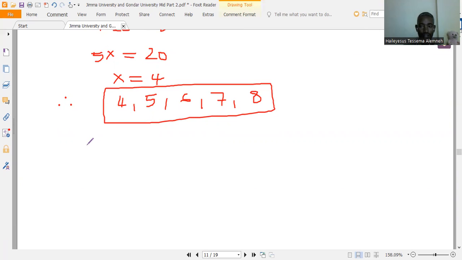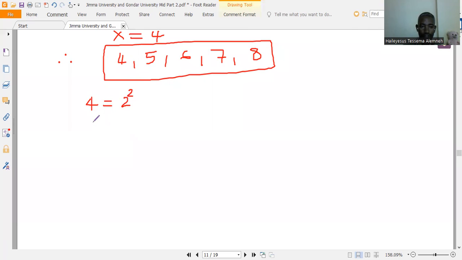Let's write in prime factorization. Prime factorization, 4 can be written as 2 times 2, which is 2 to the power of 2. 5 is by itself a prime number. አምስት ራሱ ብቸኛ ቁጥር ነው። ስለዚህ 1 times 5 ነው። ይሄ ነው። And 6 ስንጽፈው 6 is 2 times 3, which is a multiple of prime factors. 7 ስንጽፈው 7 is by itself a prime number, 1 times 7.